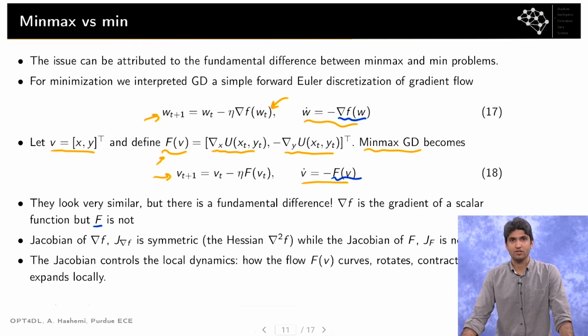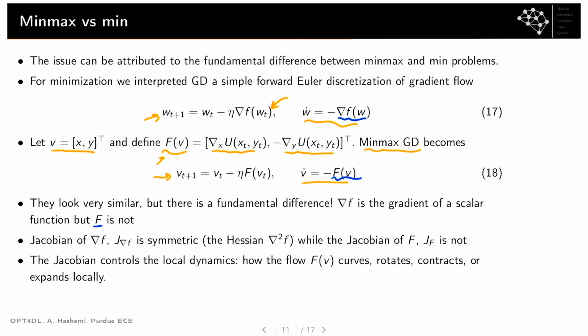There is no scalar function such that capital F is its gradient. So what's the implication? If you consider the Jacobian of the gradient of f, it will be symmetric. So it will be the Hessian, which is a symmetric matrix. Symmetric matrices have a spectral decomposition with real eigenvalues, and if certain conditions are satisfied, then we see some notion of contraction.